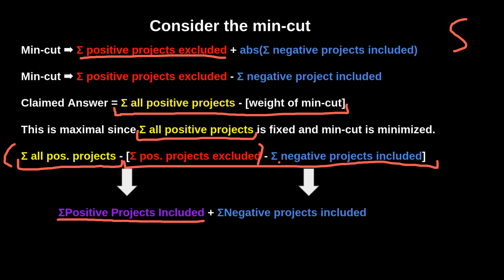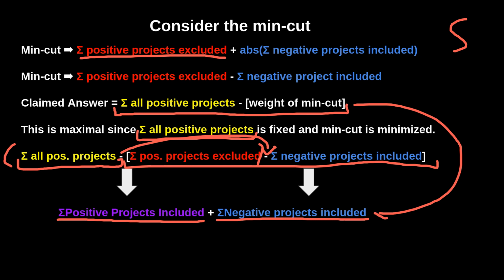And since this whole section is doubly negated, we can distribute this negative over, and we can see that this also becomes the sum of negative projects included. And therefore, these two are actually equivalent. And this is clearly the weight of our project set.